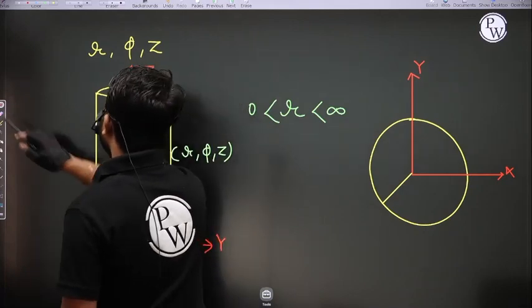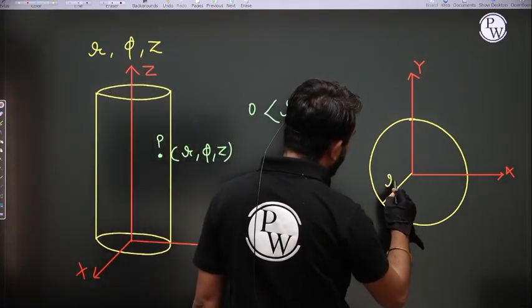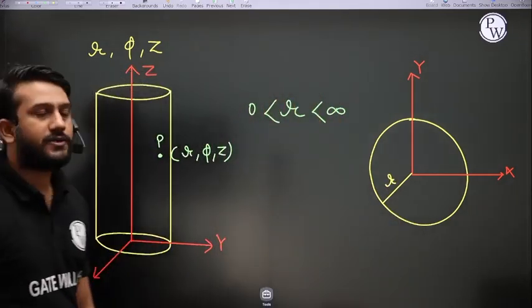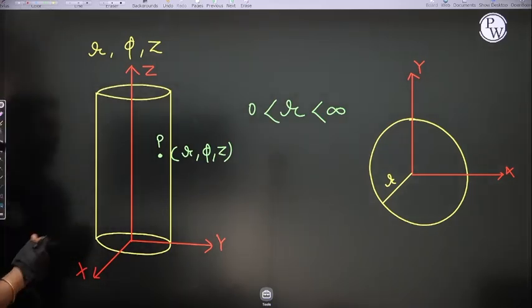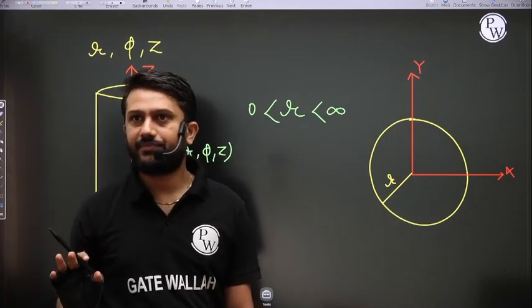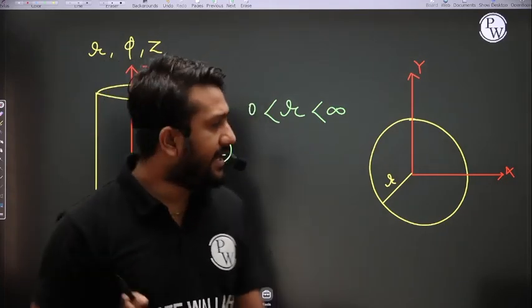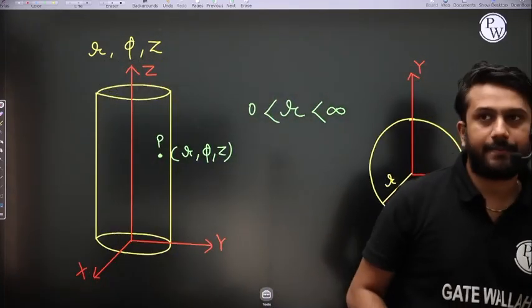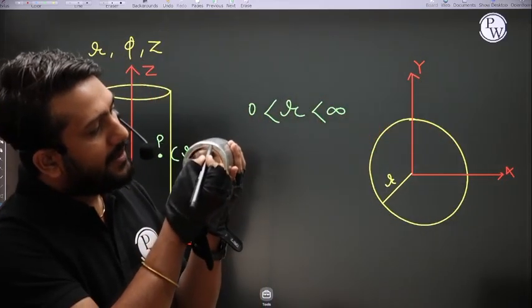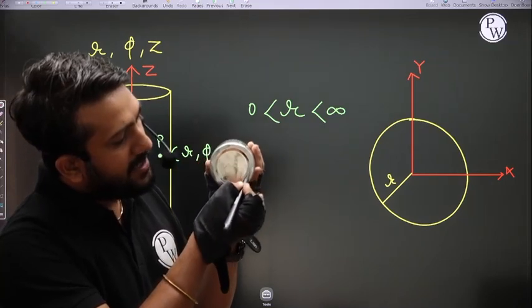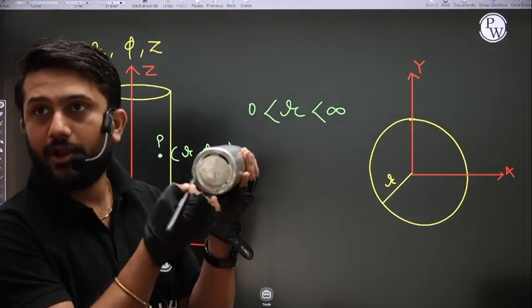Right. R is fixed. Now focus on the board. See here, that point R is fixed. We fix the R. And in this plane, that point may be here, may be here, may be here.